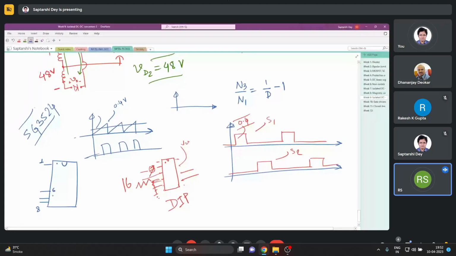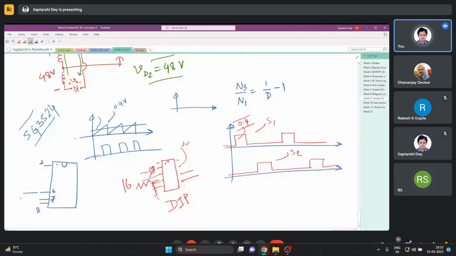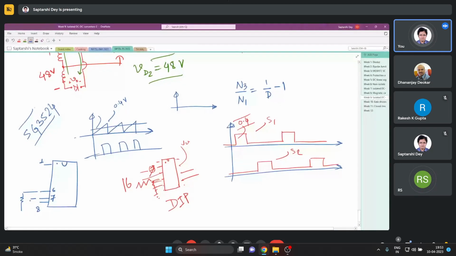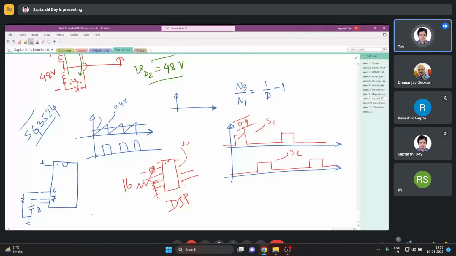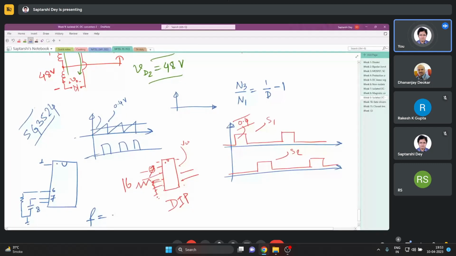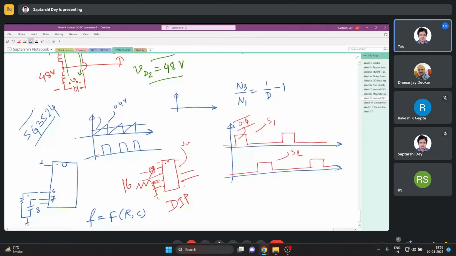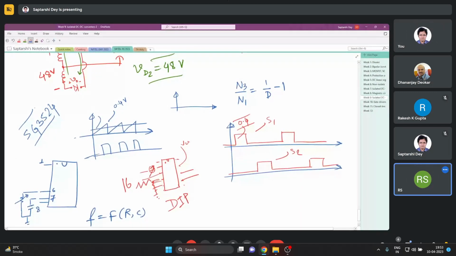At 6 and 7, at one you connect a resistance, at the other a capacitance, and the frequency is a function of this resistance and capacitance. Variable capacitance is not that available, or is expensive, so we keep a fixed capacitance and put a pot in place of the resistance. We vary it and fix the frequency.